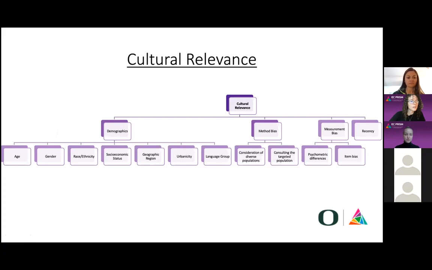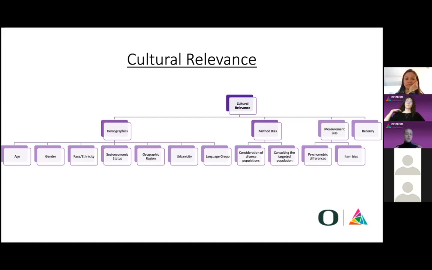We also had a question: for high scoring for cultural relevance, is that something I can search for specifically? That is a great question because this area is so important in terms of usability, and we've found it's a big gap in the field. Can I search for measures that have a higher score in cultural relevance? Yes, that's one of our search features.